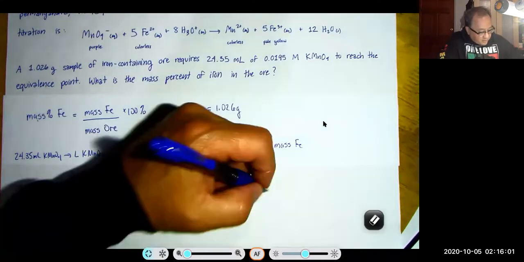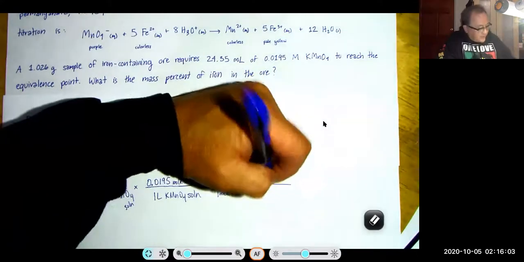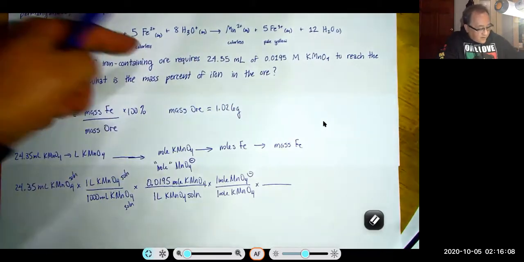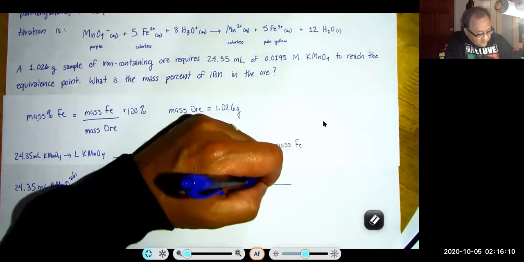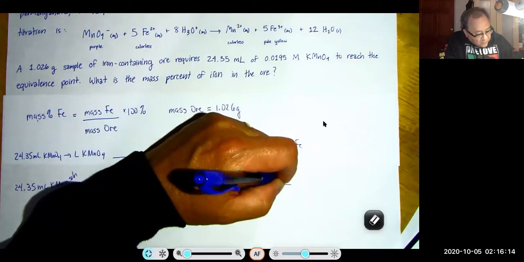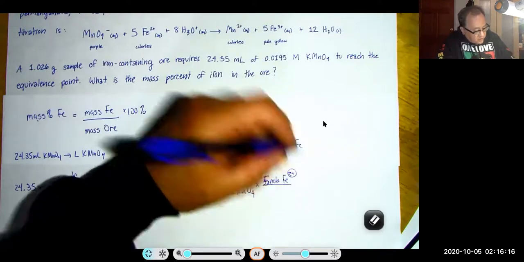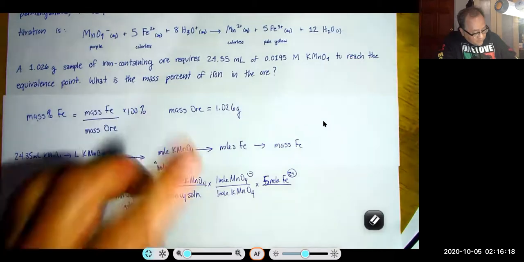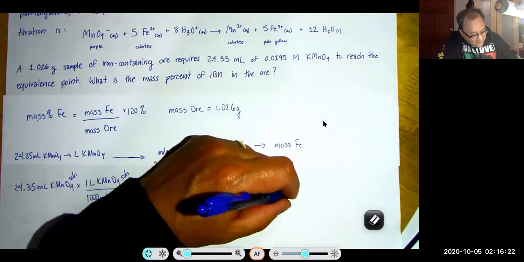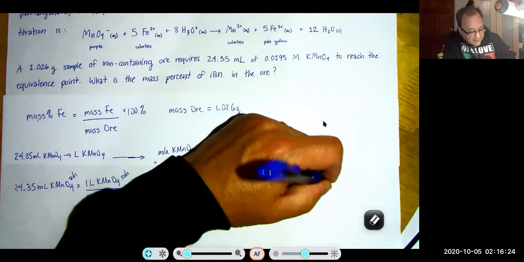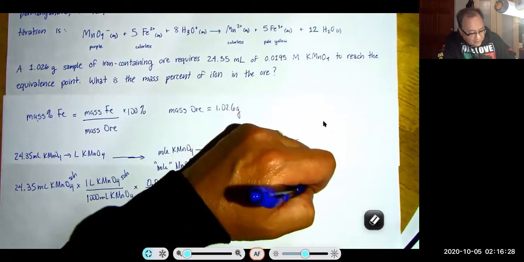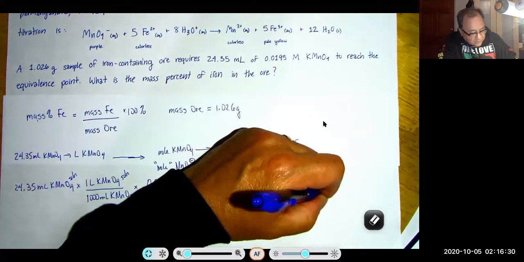Okay, and so now I'm going to multiply by, and it doesn't matter which one of these we use, 5 mole of iron 2 to 1 mole of MnO4. And then I'm going to go further and put 5 mole of iron to 5 mole of iron 2.